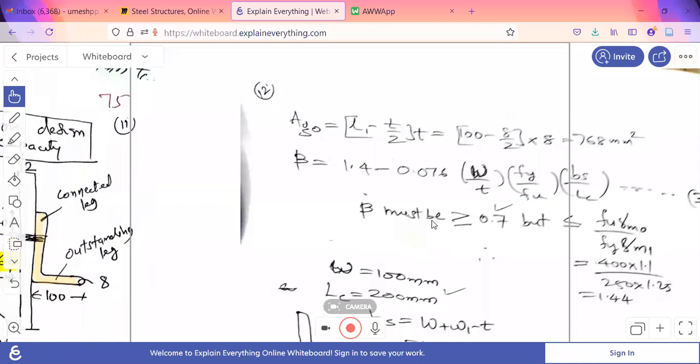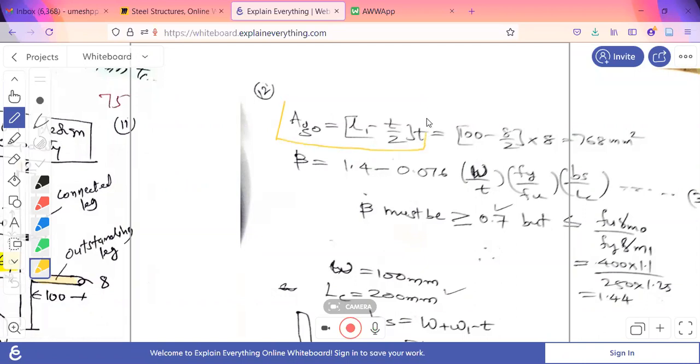AG naught. So look at this AG naught and I'll take you back to that diagram again. AG naught equals L1 minus T by 2 into T. L1 is 100, the bottom width, that is the outstanding leg width, minus T, which is 8 thickness, by 2, into T. Now observe this.